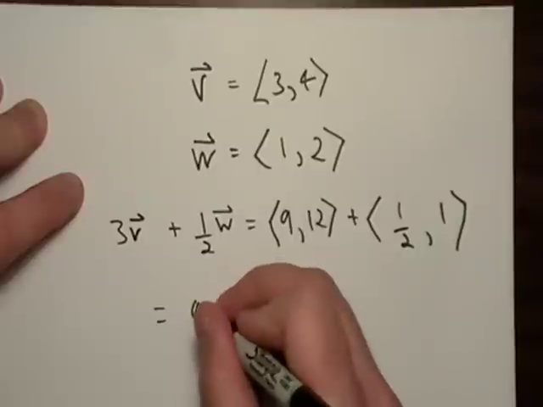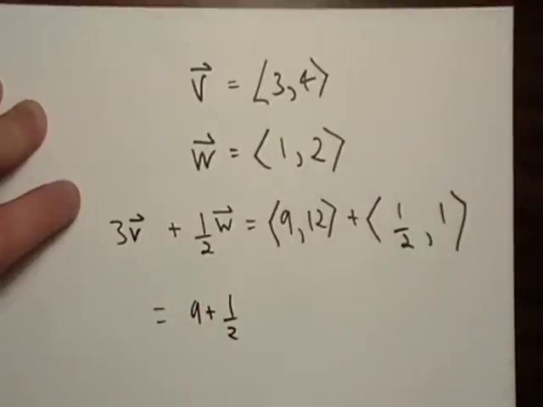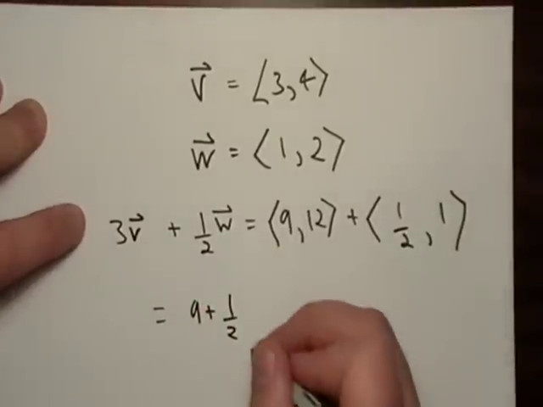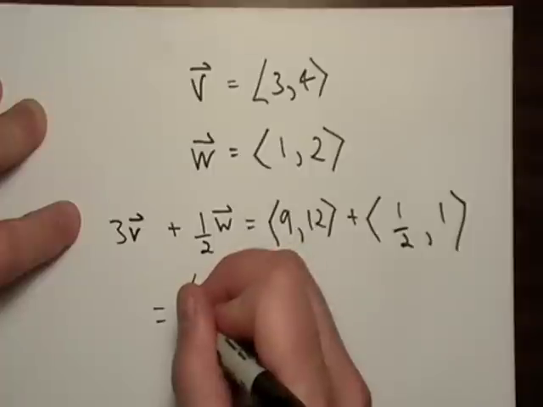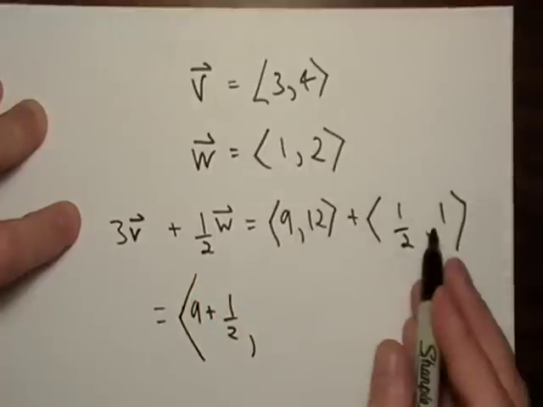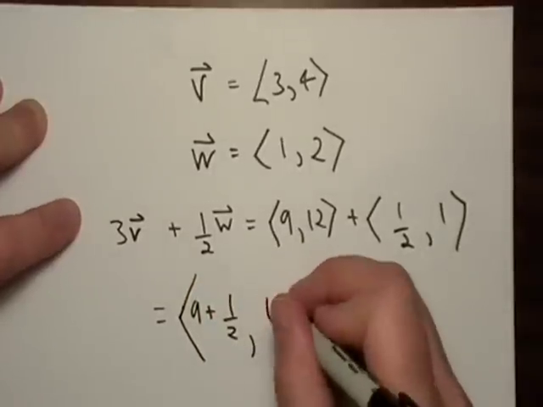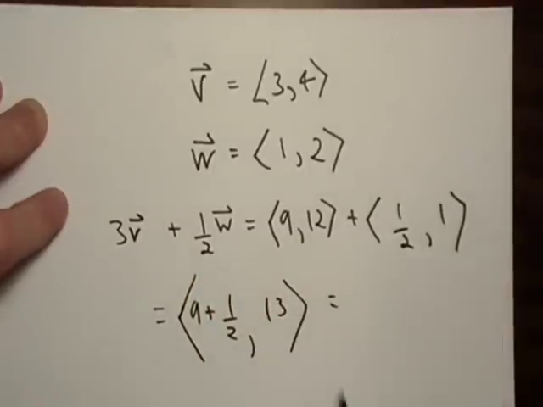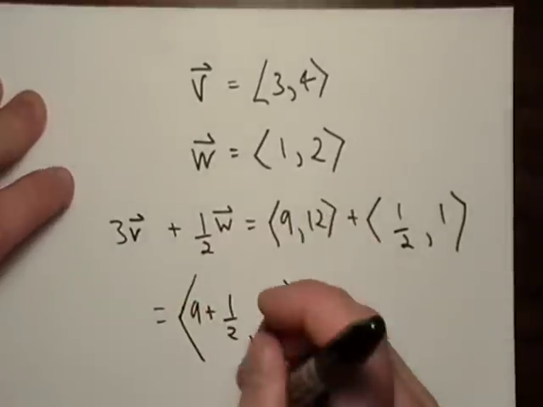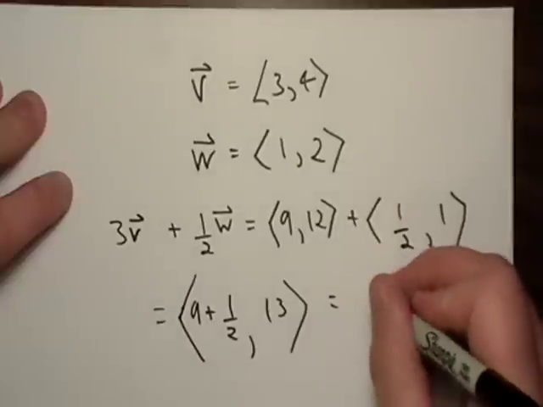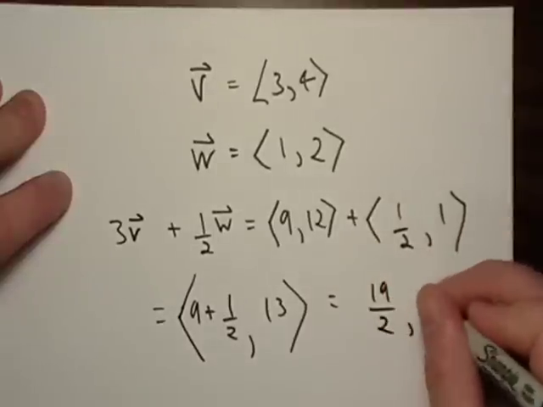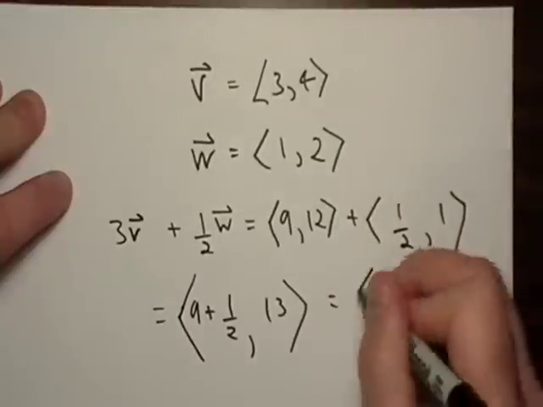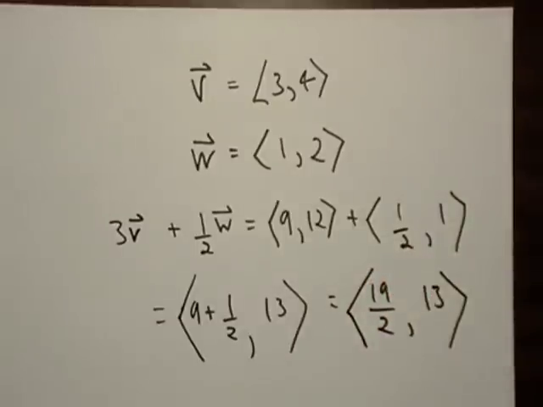That's going to be our first component, and our second is going to be 13. Let's simplify that a little more. 9 times 2 is 18 plus 1, so we got 19 halves, 13. So that is just a little example of that.